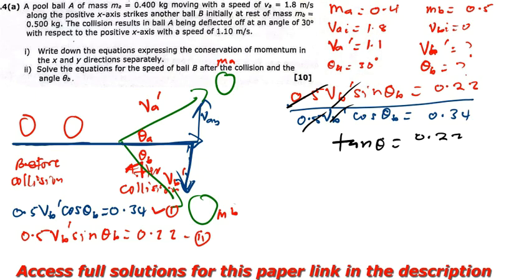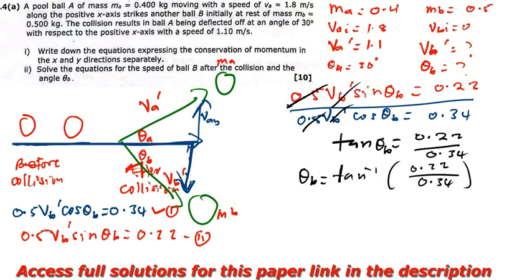Then you come later, and I'm trying to first find the angle theta B. Therefore theta B will be equal to the tan inverse of 0.22 divided by 0.34.